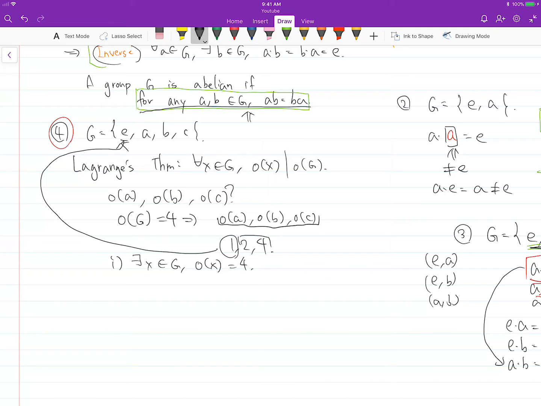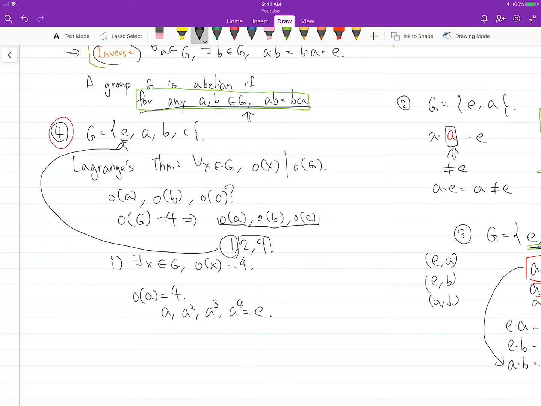And for now, A and B and C, those are just names. We didn't really specify any properties, so without loss of generality, we can just assume that the order of A is 4. If the order of A is 4, what happens is we have A squared, A cubed, and A to the 4th.